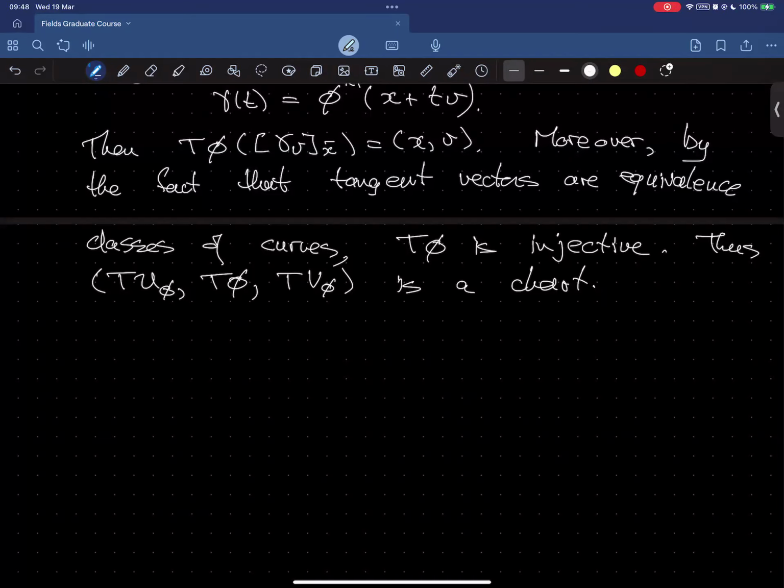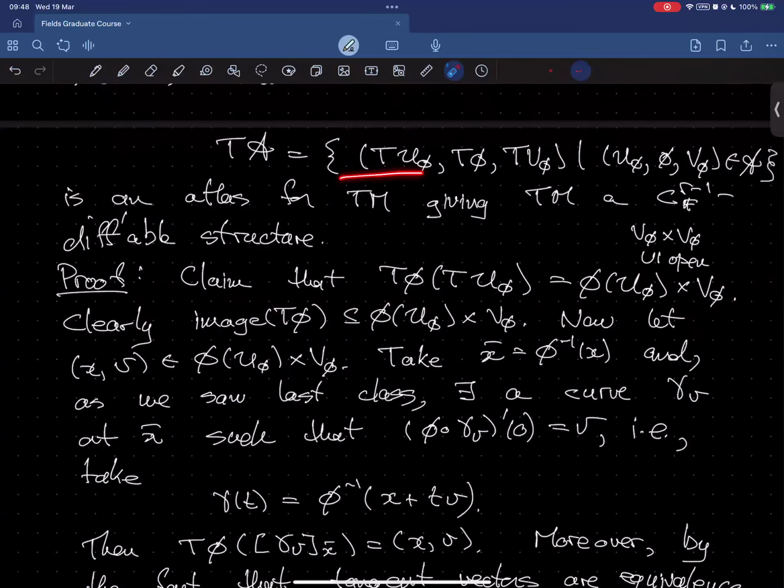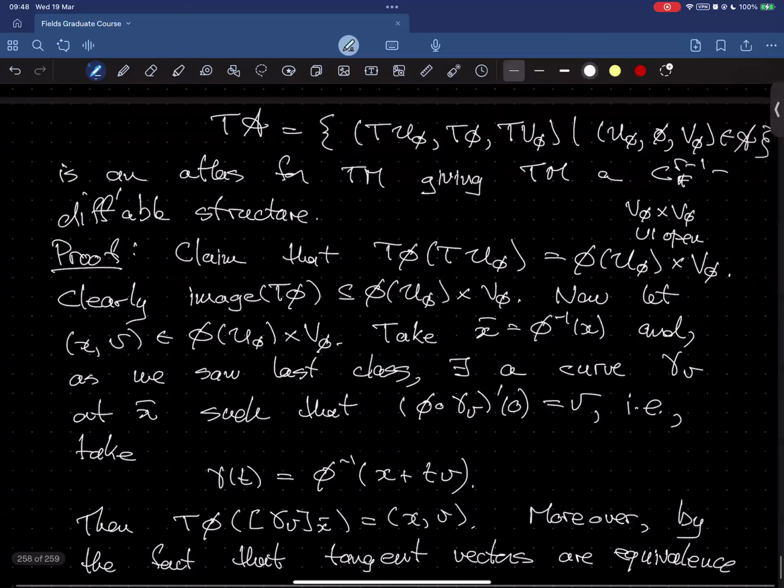Now we need to show the overlap condition. In order to show that the collection of all of these charts, as you run U phi, phi, V phi over an atlas for M, these charts for the tangent bundle satisfy the overlap condition.